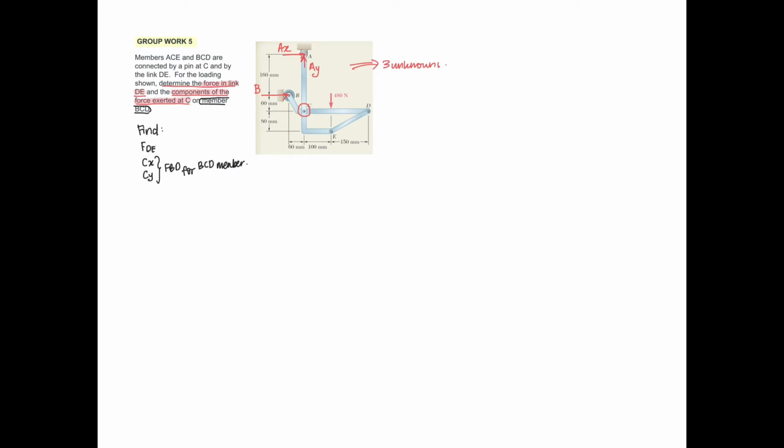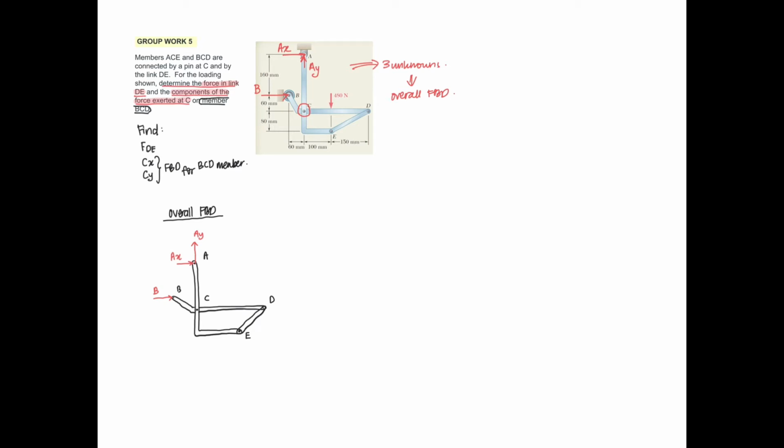By referring to these 3 unknowns, we can use overall FBD. If more than 3 unknowns, we cannot use the overall FBD. We have to find the FBD for each member. Okay, so let's start to draw the overall FBD first. By referring to this FBD, we have 3 unknowns here, with red color, AX, AY and force B.